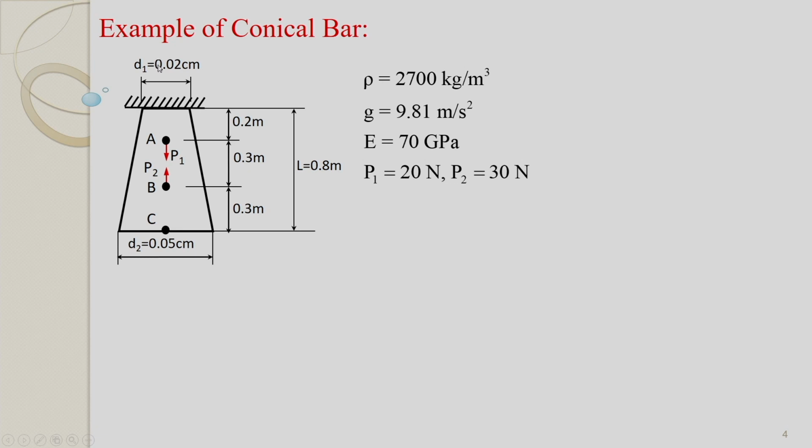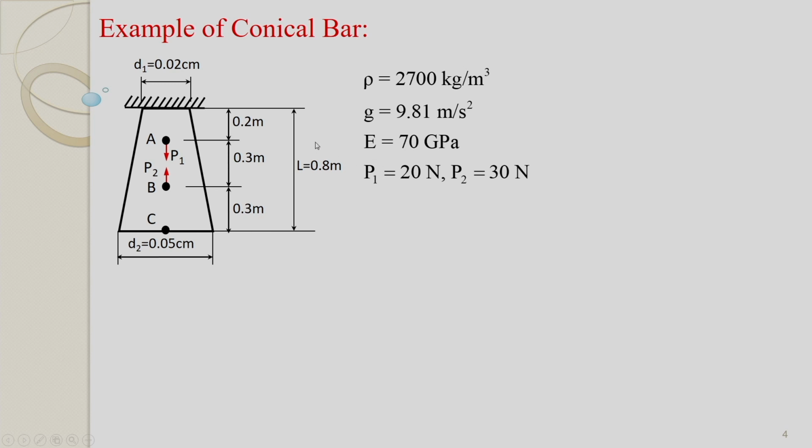Now, we will understand the implementation of this bar element in MATLAB using one example. Let us take this example of a conical bar which is fixed at the top end and it is hanging under the action of its self weight.